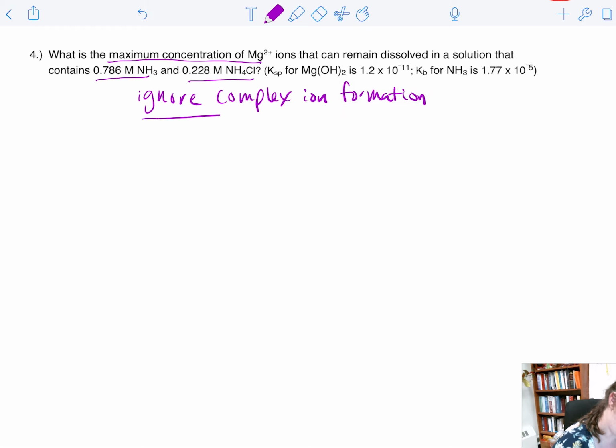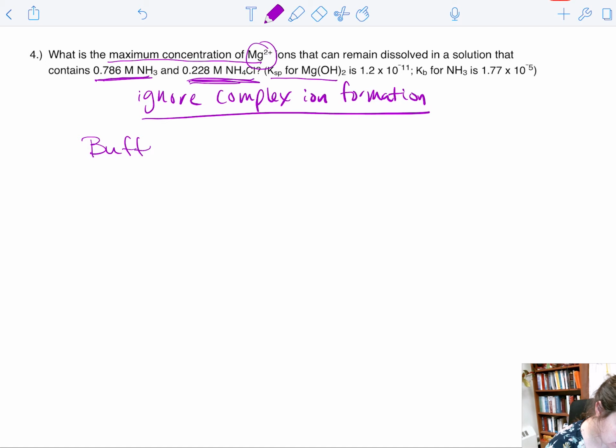So we want to figure out, using our Ksp, how much magnesium 2+ we can fit in when we have this system. This is ammonia and ammonium chloride, which means we have a weak base and its conjugate acid, which means we have a buffer. Using this, we can figure out our hydroxide concentration.